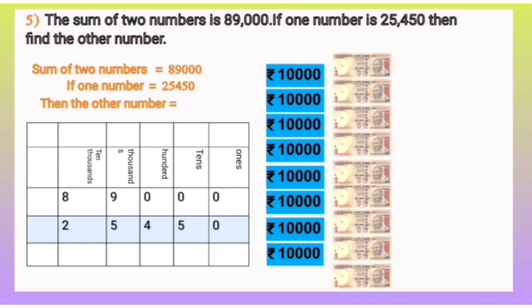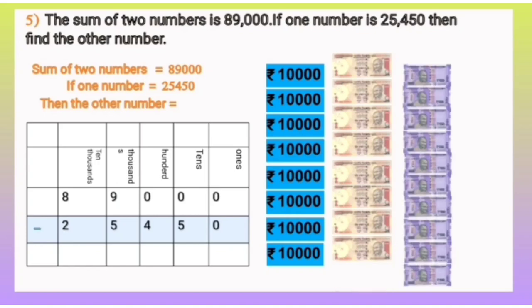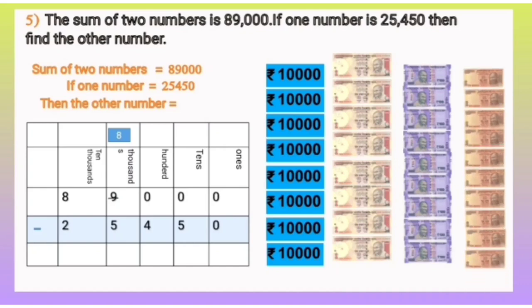So we'll remove 1,000 and we'll write 10 hundreds. And since 100 is equal to 10 tens, we'll take 10 rupee notes instead of 100 rupee note. And again the 100 rupee notes, they will remain 9. And ten notes will become 10.